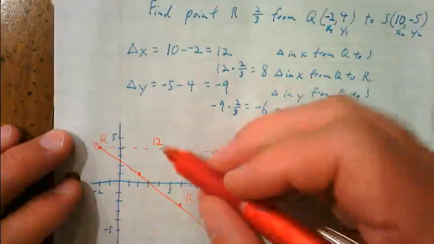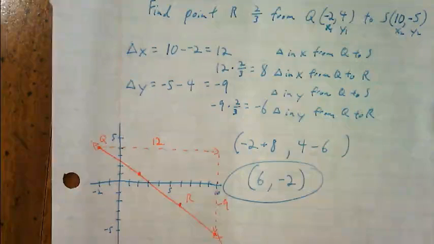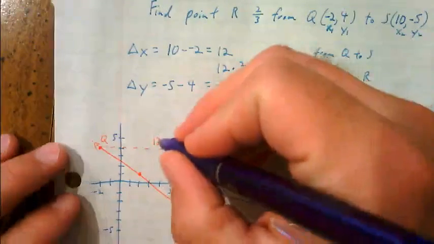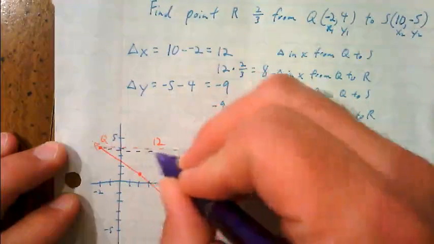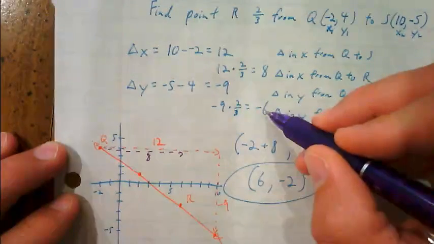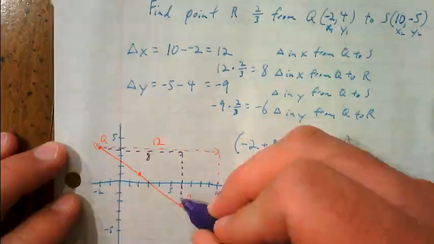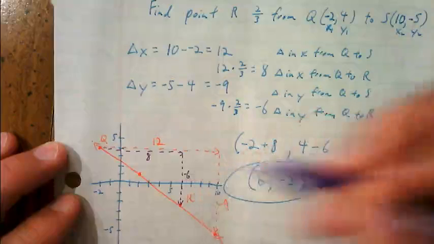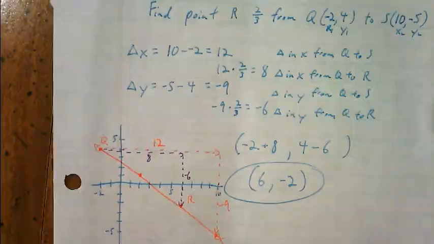So if I did 2/3 of this, let me use a different color. If I did 2/3 of this, 2/3 of 12 is 8. So if I only moved over 8 units, and then down the 6 units, that's 2/3 of the 9, I end up at R. So again, that's partitioning a segment.